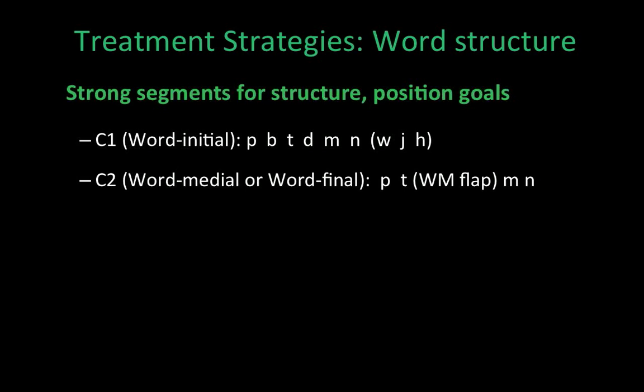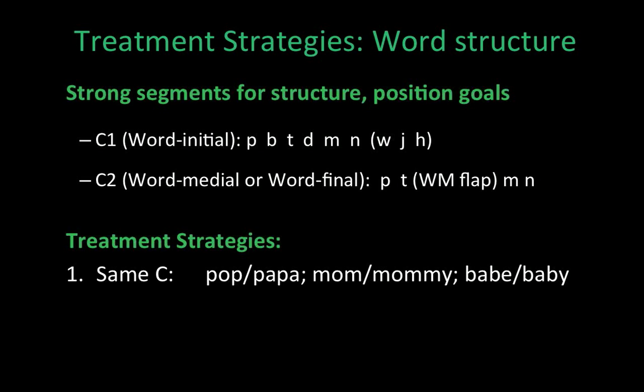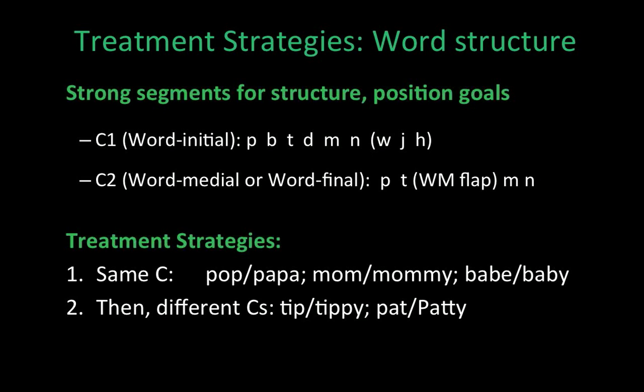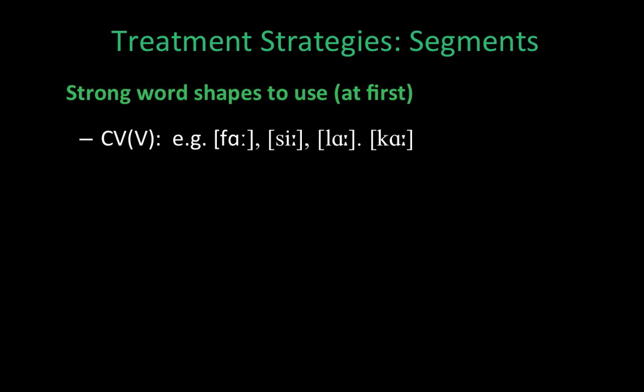Does anybody have a suggestion for what word structures to use to target our segments? CVC. For segments, we can only use CV in our first treatment block for production, although awareness and contrast activities could use CVC and CVCV.